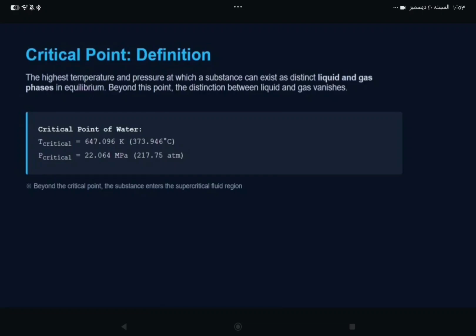For the critical point of water, the critical temperature is 647.096 Kelvin, and the critical pressure is 22.064 megapascal. Beyond the critical point, the substance enters the supercritical fluid region.